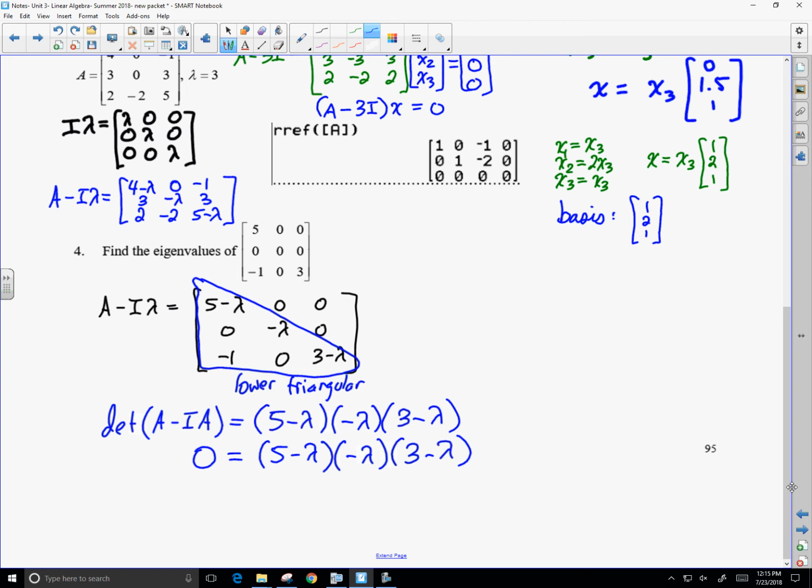And what that means is that anything related to any of these eigenvalues is going to give us a vector that is a scalar of whatever our basis vector is. Right? So solve: lambda equal to 5, 0, and 3, without the requirement that we need to come up with eigenvectors.